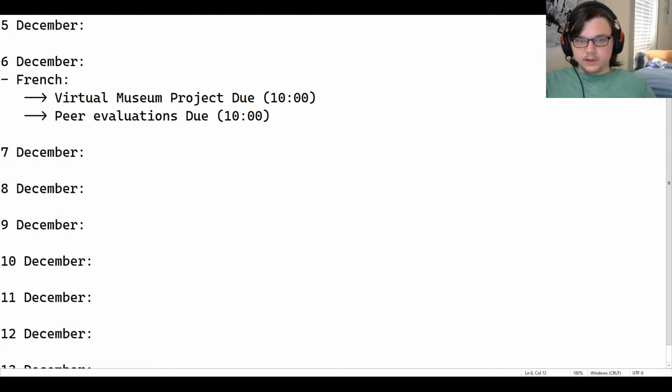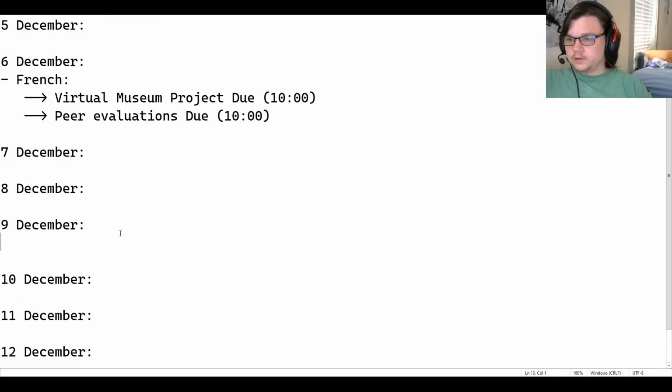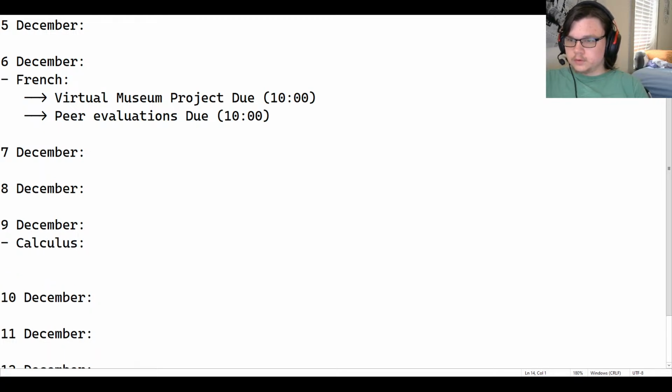So that's what these arrows are going to mean, is that's going to mean due. Alright, next we got... What else do I have that I need to get done? I have an exam on the 9th of December. So this will be for my calculus class. And we'll say exam. And that's going to be at 8 o'clock.